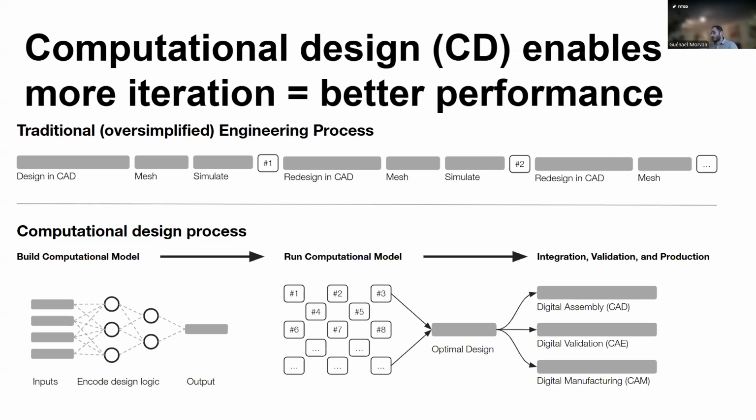We can then integrate, validate, and go to production with the optimal design. So that's how the computational design process is built in nTop, and how we can leverage implicit modeling to get to the right design via many different ways of automating the process.